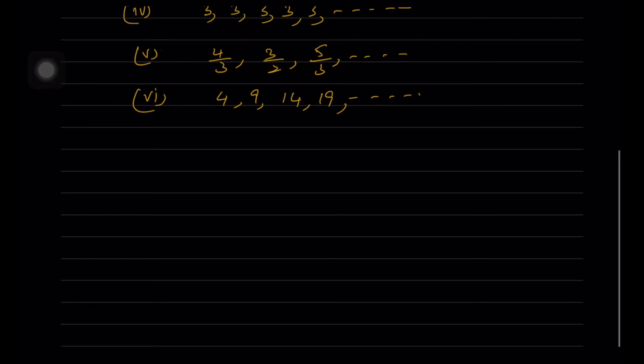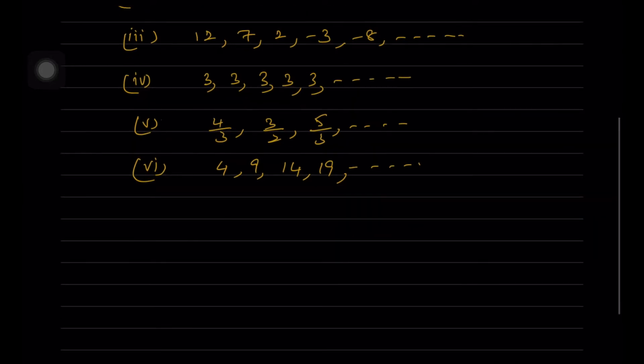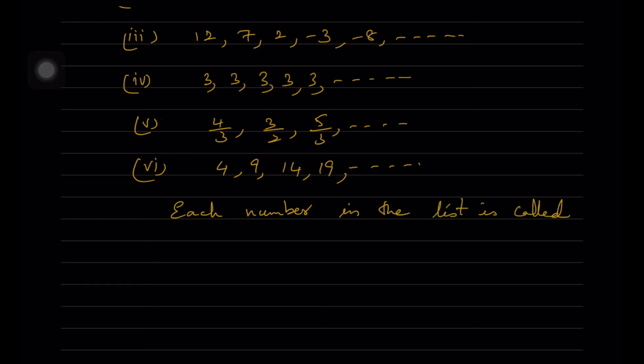Now each of the numbers in this list is called a term. Whether they form a sequence, whether they follow a certain order or not, we'll just check it out. So each number in the list is called a term.